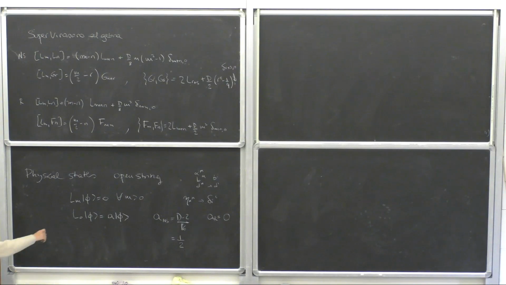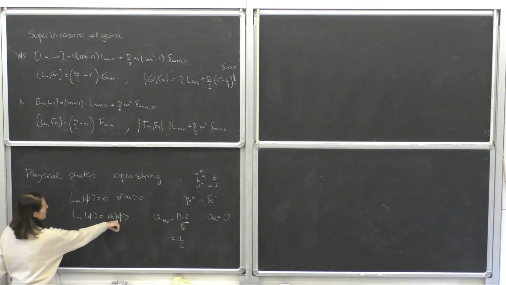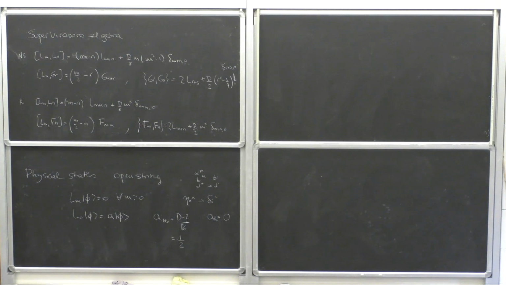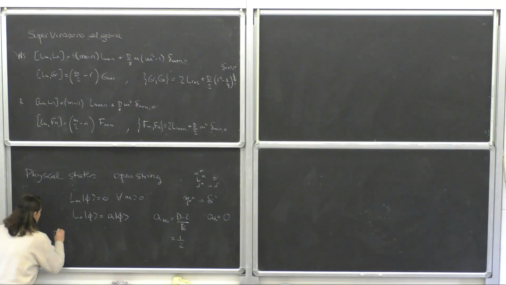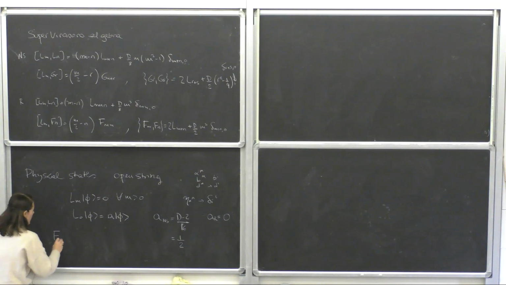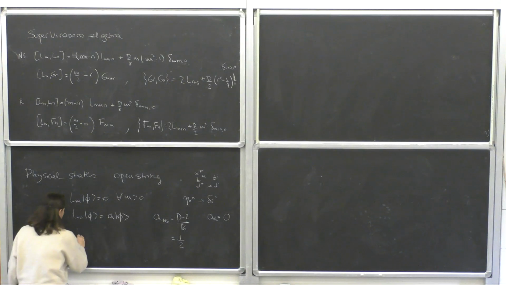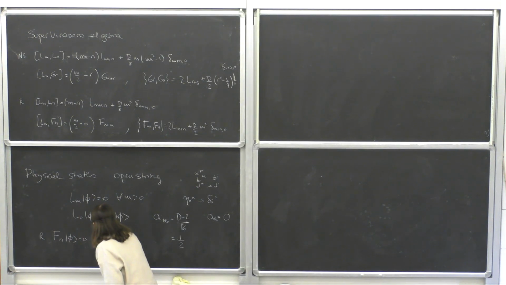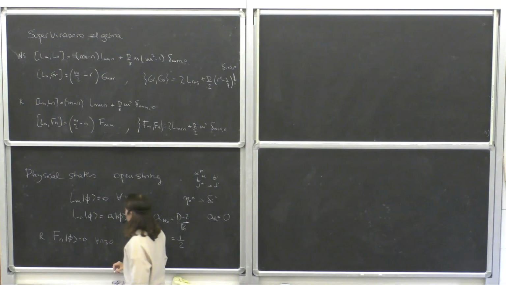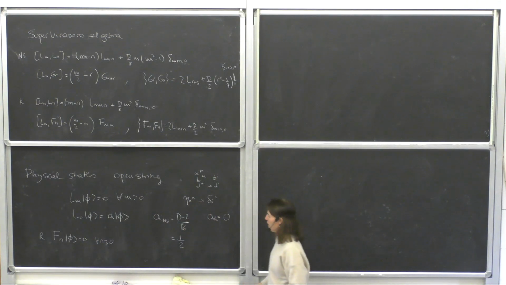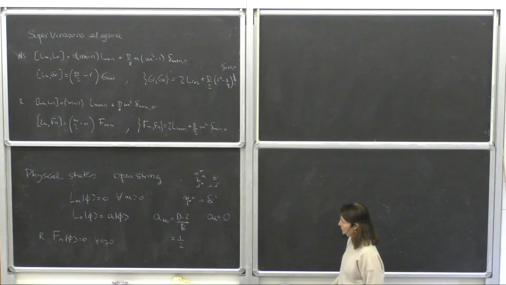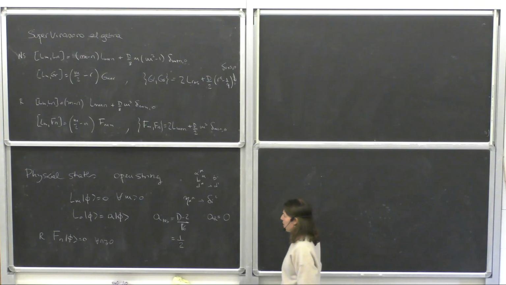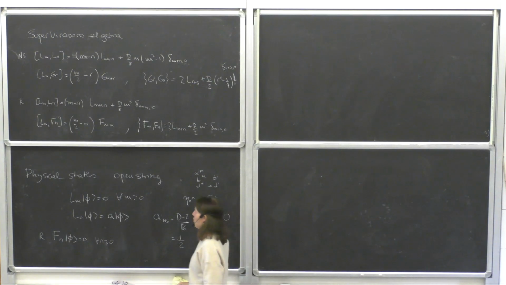So depending whether the state is NS or Ramond, you have to put a different a. And in the Ramond sector, you have that F_n phi equals 0 for all n greater or equal than 0. So also F_0 phi is equal to 0, and we'll see how that condition looks.